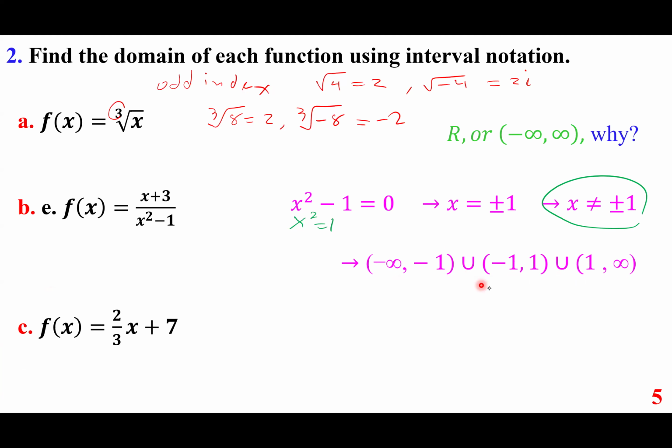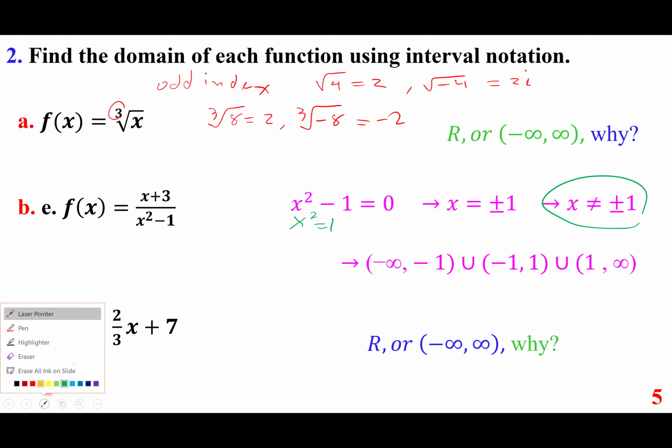f of x is 2/3 x plus 7. The domain is all real numbers because it's a polynomial of degree 1, or simply a linear function.